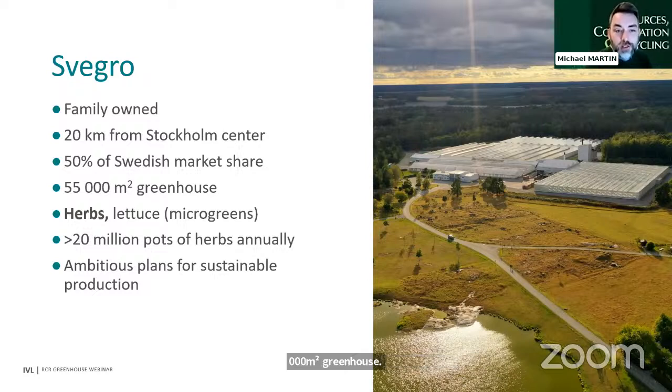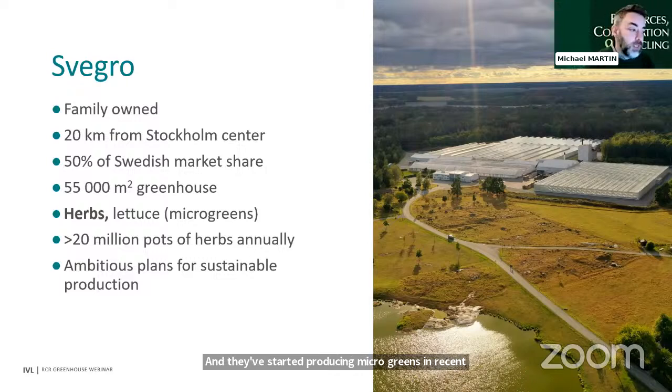It looks smaller than it actually is if you're there. They primarily produce herbs, but they do have some lettuce, and they've started producing microgreens in recent years as well. During the time that I studied them for this study, they produced roughly 20 million pots of herbs.